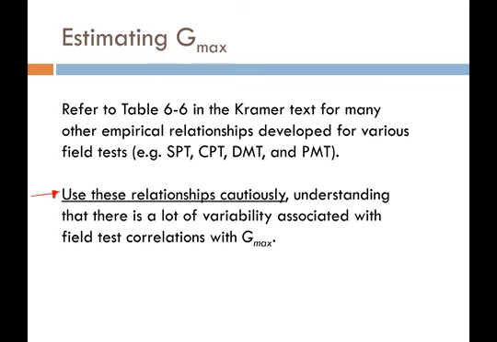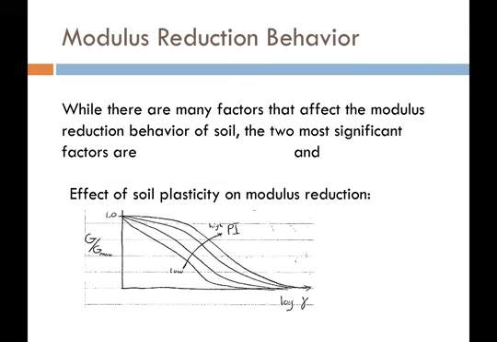So there's going to be a lot of variability, a lot of scatter in these relationships. Just be aware of that and understand that these aren't perfect predictive relationships.